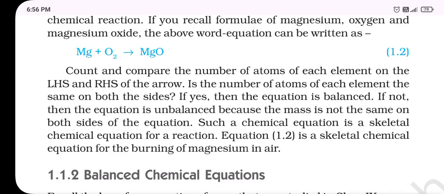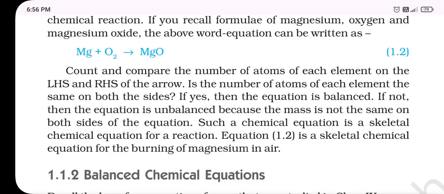So what about mass? Atomic mass: magnesium's atomic mass is approximately 24. Oxygen here, O2, has an atomic weight of 32. So Mg 24 plus 32 forms 56.